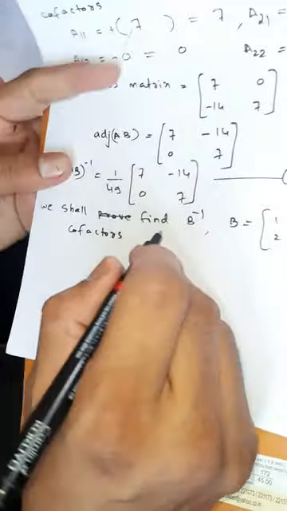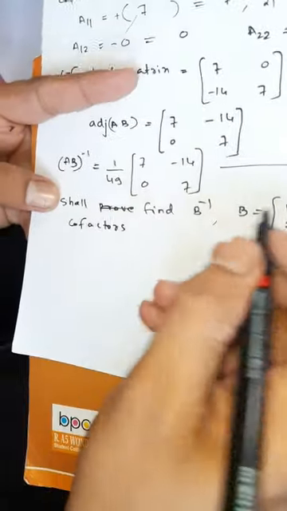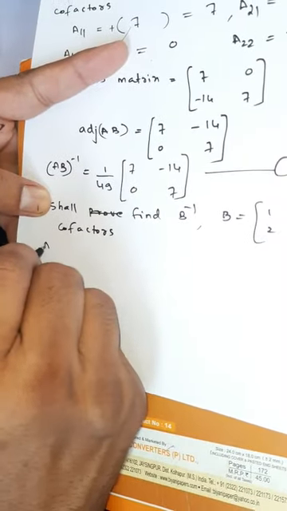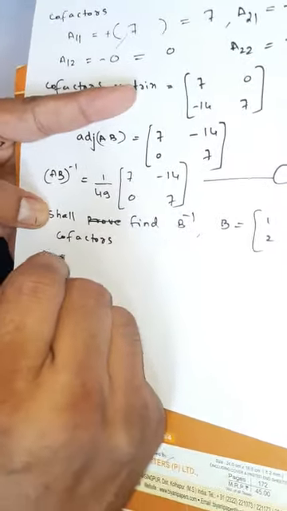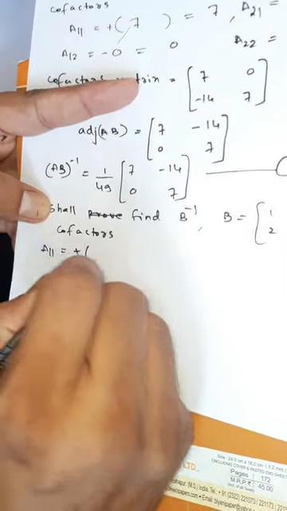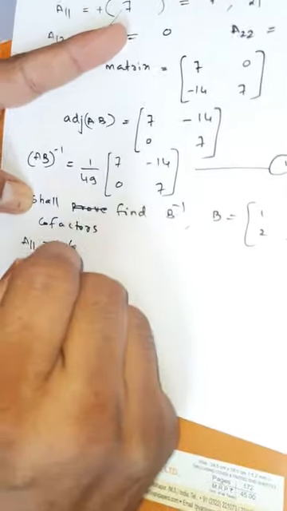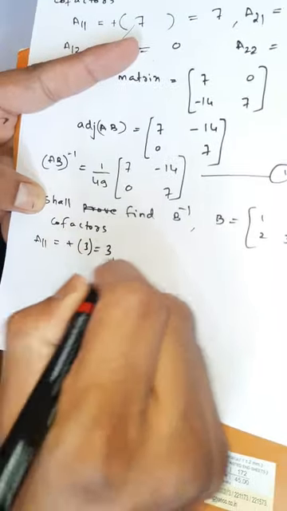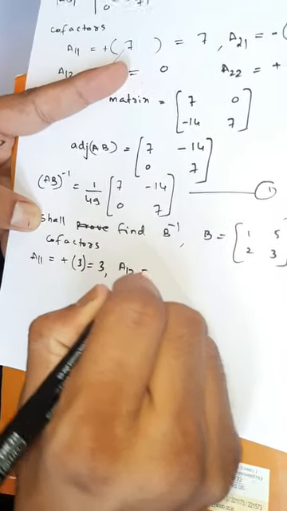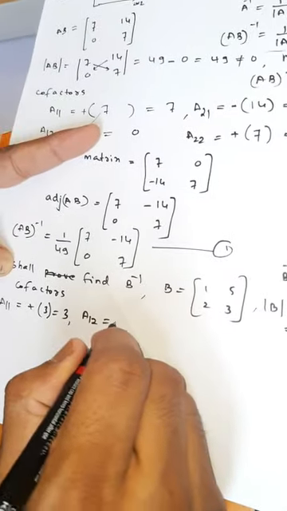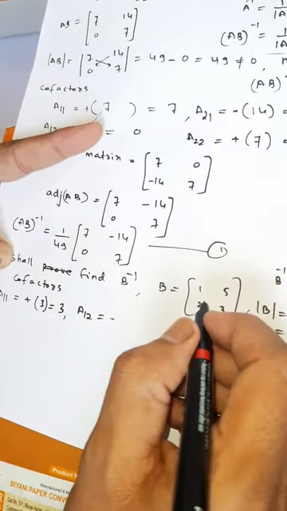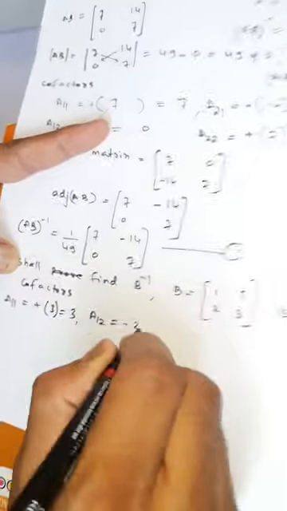So cofactors of the elements of B. Cofactor of first element A11 is plus, into delete the first row, first column, which is 3. In A12, cofactor of 5, 1 plus 2, 3, odd number, minus 1 multiplied to the minor of this, that is 2.